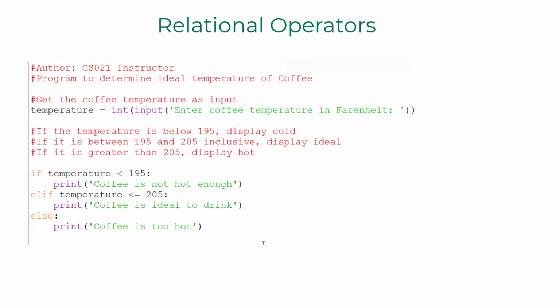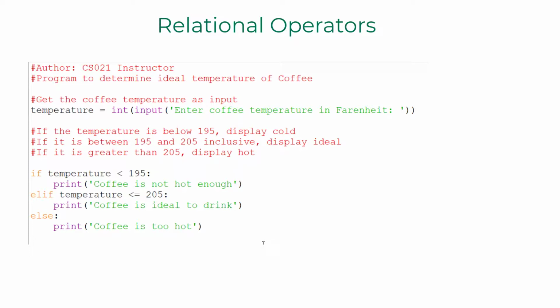For the temperatures between 195 and 205 inclusive. Okay, so if I enter 195 as my input, it should say coffee is ideal to drink. Alright, so that, and any temperature above 205, it should display coffee is too hot.